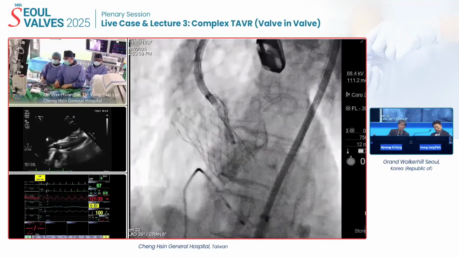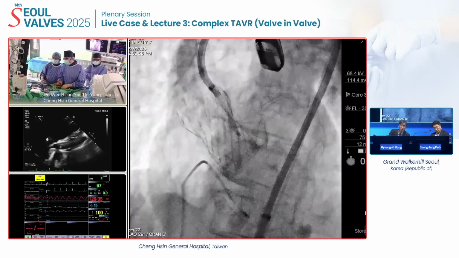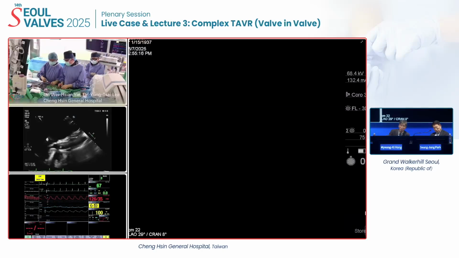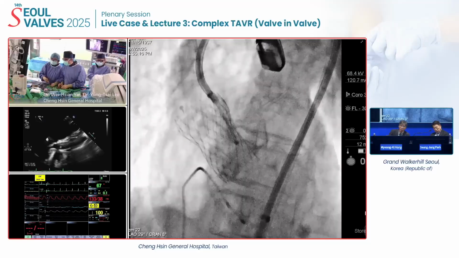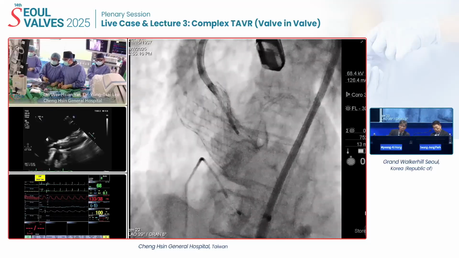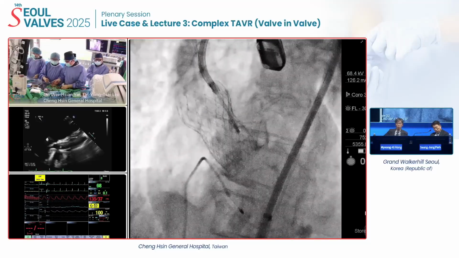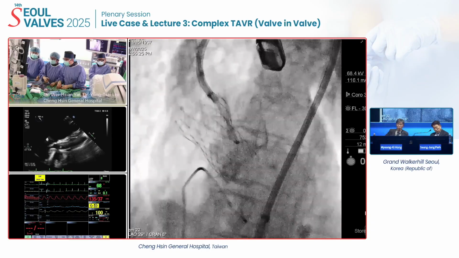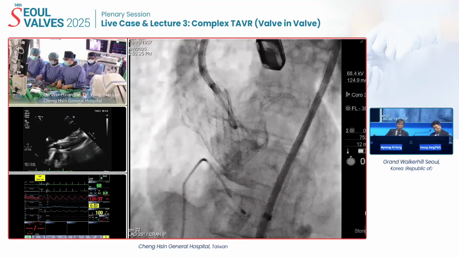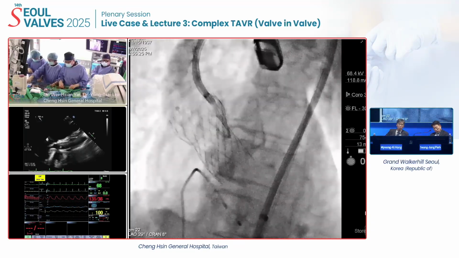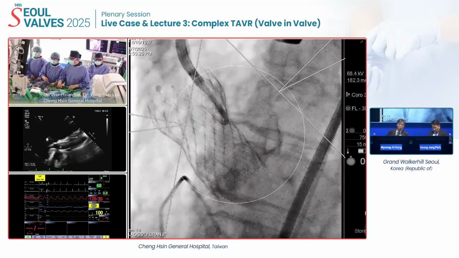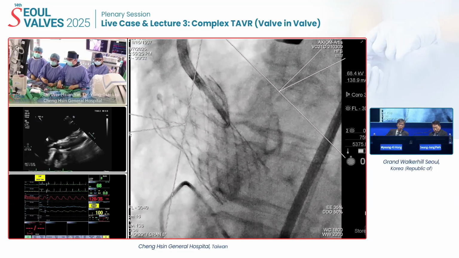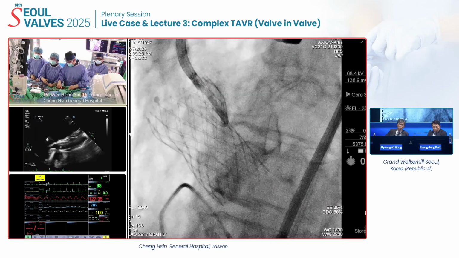That's our strategy. This is the current strategy of doing transcatheter heart valve in transcatheter heart valve in our center, because we think that every patient has a different first valve implantation. So the valve position is different from case to case.